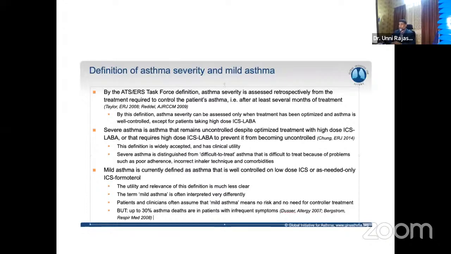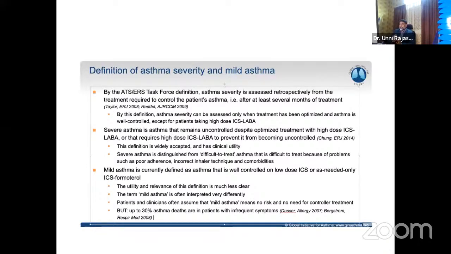By the ATS/ERS task force definition, asthma severity is assessed retrospectively from the treatment required to control the patient's asthma. So by definition, severe asthma is asthma that remains uncontrolled despite optimized treatment with high-dose ICS-LABA, or that requires high-dose ICS-LABA to prevent it from becoming uncontrolled.